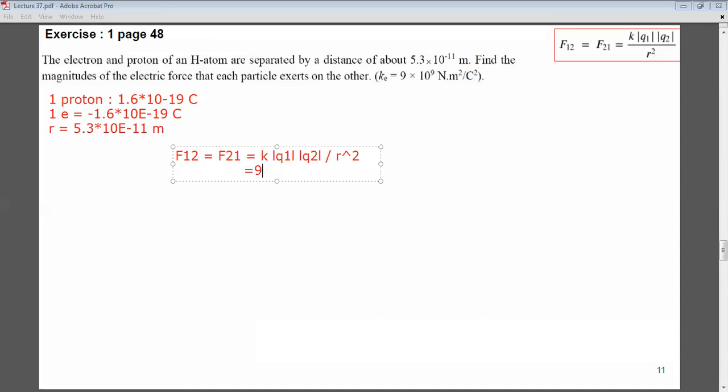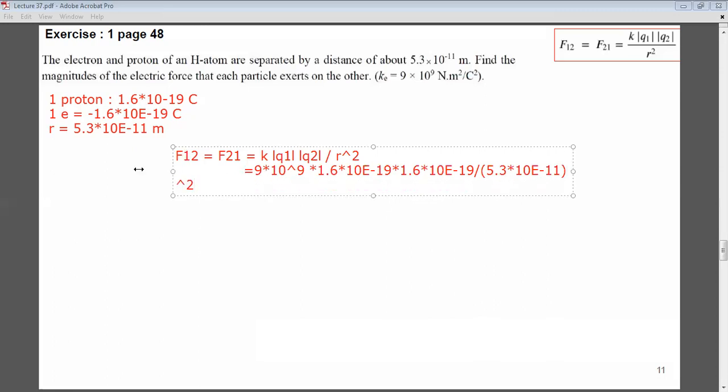K is given, 9 times 10 power 9, times the first charge, 1.6 times 10 power minus 19, times the absolute value of minus 1.6 times 10 power minus 19, divided by 5.3 times 10 power minus 11 squared.